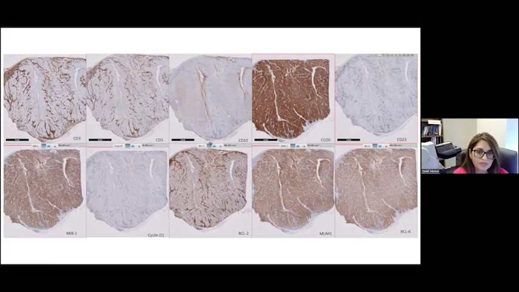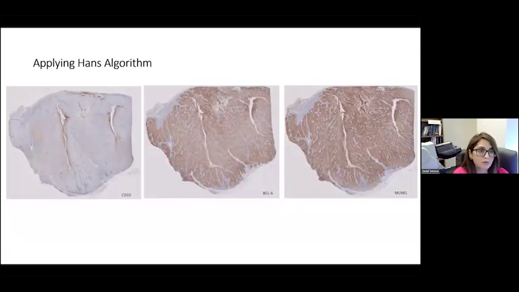BCL2 was vaguely positive, and MUM1 and BCL6 were positive. BCL6 was 100% positive, and MUM1 was 100% positive. BCL2 was weak positive, about 30%, and it was lambda restricted. So applying the Hans algorithm, CD10 was weak, BCL6 positive, and MUM1 positive.